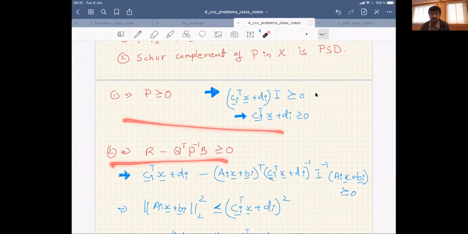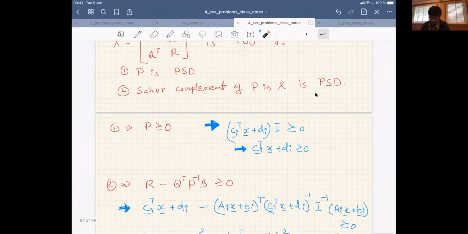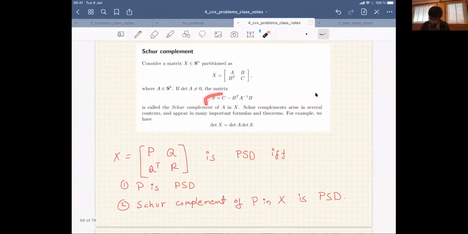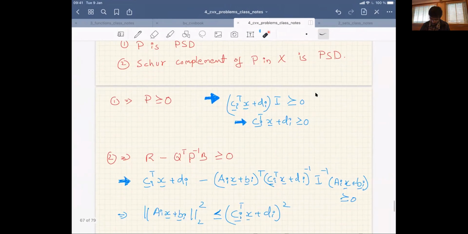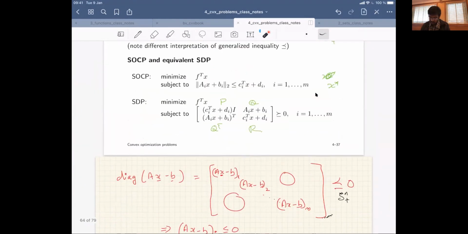The second condition is R minus the Schur complement of P in X, that is given by this formula. So in our case it is R minus Q transpose P inverse Q, and that has to be greater than or equal to 0. Just pick the values of R, Q, P from our original matrix here.